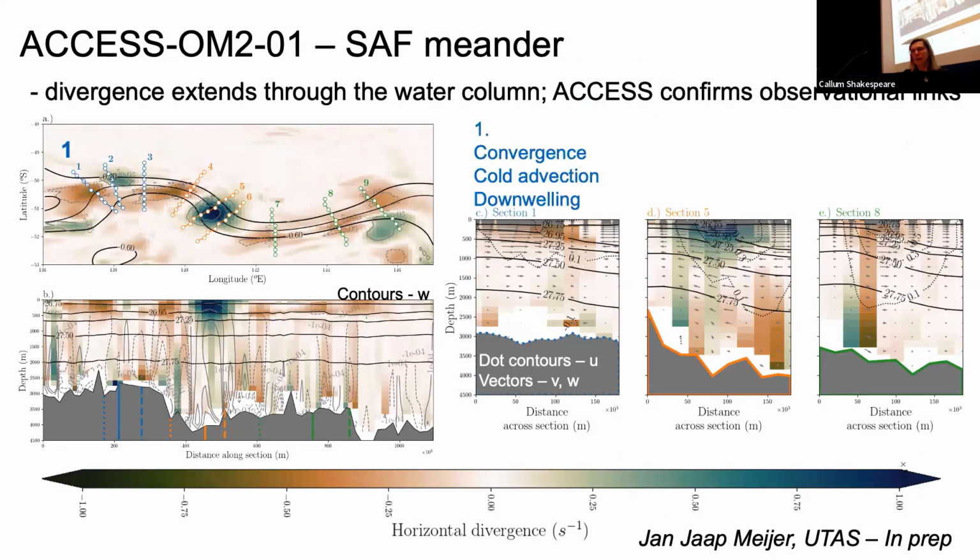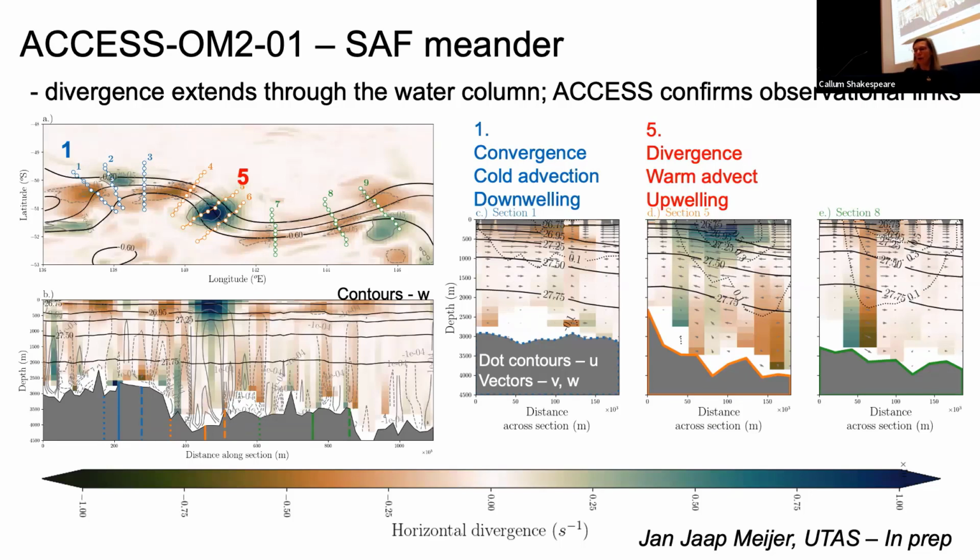And then if we go and look at the meridional sections. So this one, number one, through a convergent patch, we see that there is equatorward flow, downwelling, and cold advection. You might have to look in detail later, but I'll just flip through it. And then a transect through a divergent patch shows a poleward flow with upwelling and warm advection.